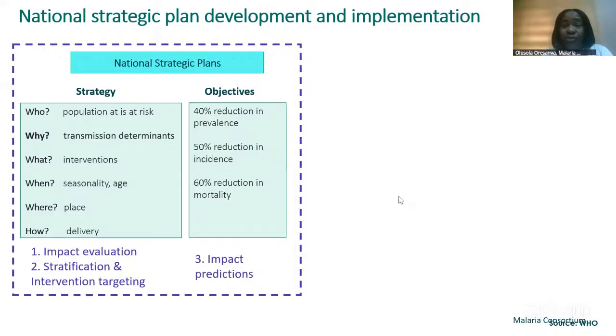And since I'm speaking to a modeling group this afternoon, where modeling comes in is stratification also, you use modeling to do that, but you also need modeling to be able to predict your impact. So if I deploy 2 million bed nets in this area, for instance, and I add IRS to that, and I do case management also in that area, what is the likely impact I'm likely to have over the next 5 years in that area?